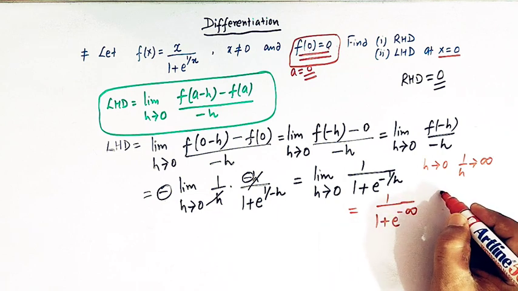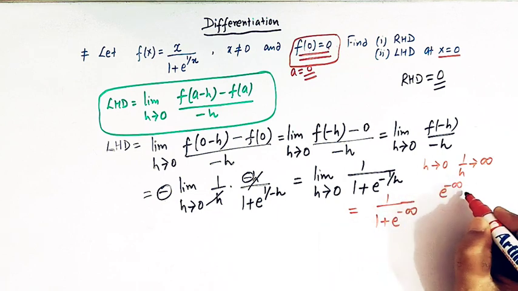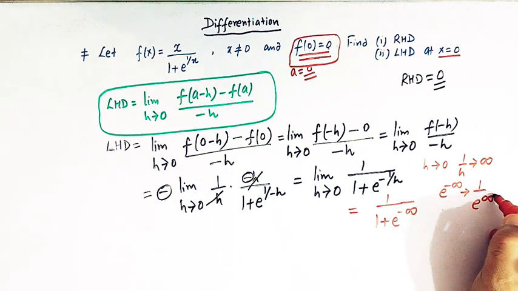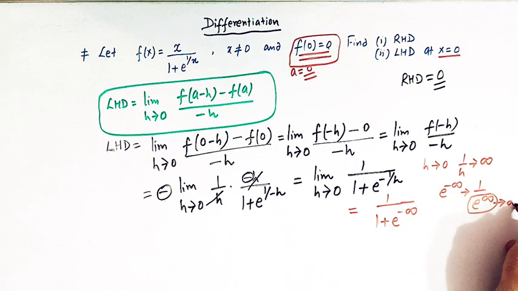And e raised to minus infinity is 1 over e raised to infinity, and e raised to infinity tends to infinity, so we can write it as 1 over infinity.